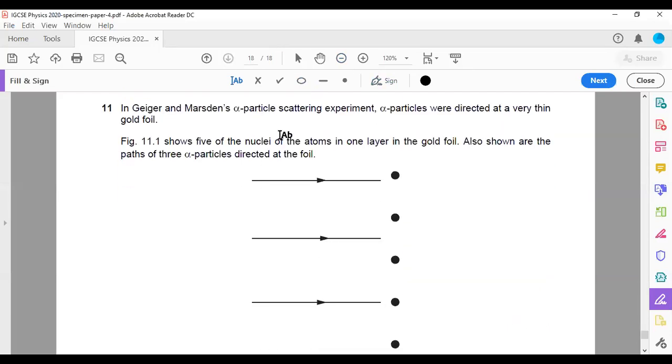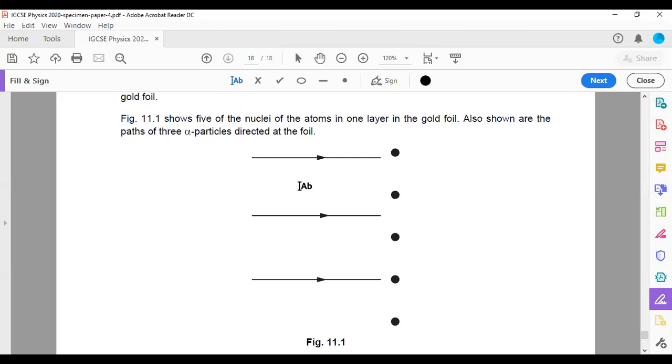All right, so number 11. They said in number 11 here, in Geiger and Marsden's alpha particle scattering experiment, alpha particles were directed at a very thin gold foil, which is shown here.